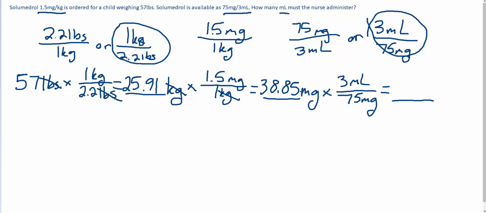You'll see that allows us, again, to cancel out milligrams because milligrams are on the top and on the bottom, and leave us with the unit of milliliters. 38.85 times 3 divided by 75 gives us an answer of 1.55 milliliters. And we can round that to 1.5 milliliters to give us a nice round dosage for our patient.